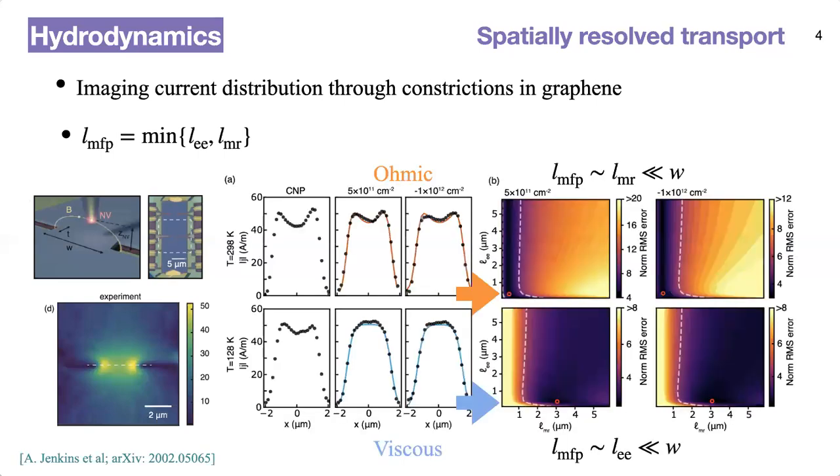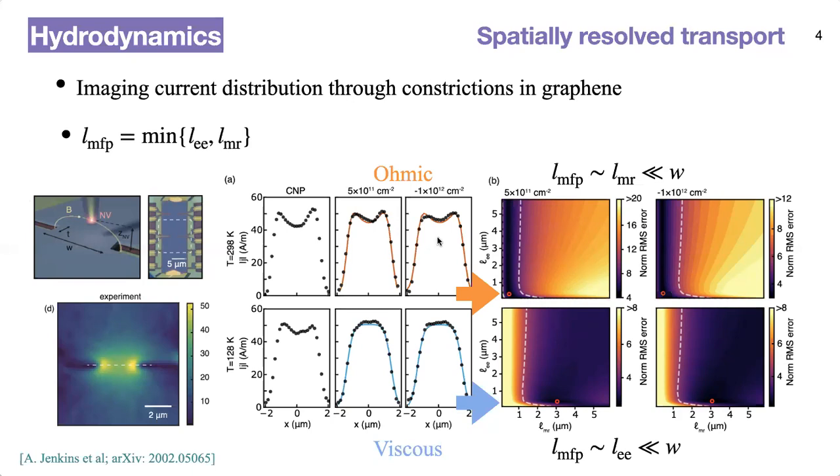For example, at room temperature, for both the hole-doped and electron-doped cases, they found a two-peak profile here. And by comparing to the theory, they find that the mean free path at this temperature scale is dominated by momentum relaxation. Here, momentum relaxation really includes all the scattering events that relax the momentum.